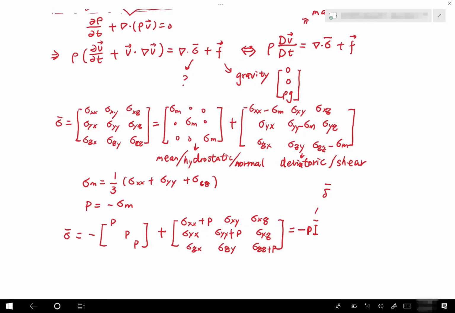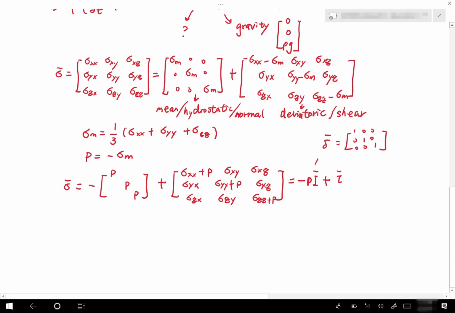It's just like 1, 1, 1, right? You use something like this. And then plus, for this deviatoric part, we use a different symbol to represent it. We use tau, but it is a matrix, so second order tensor. So we put a bar above it.